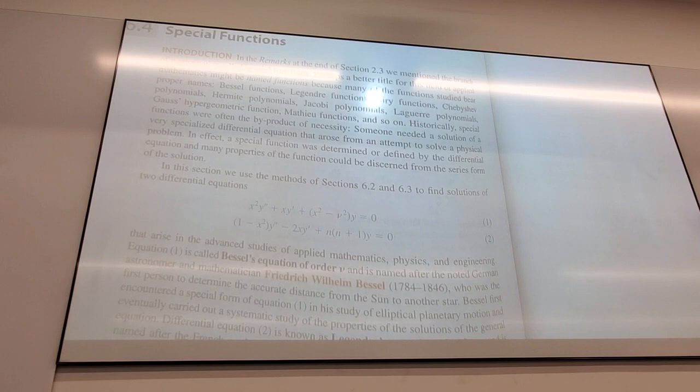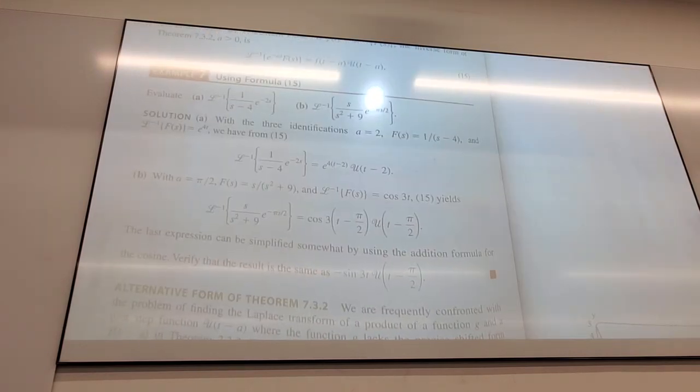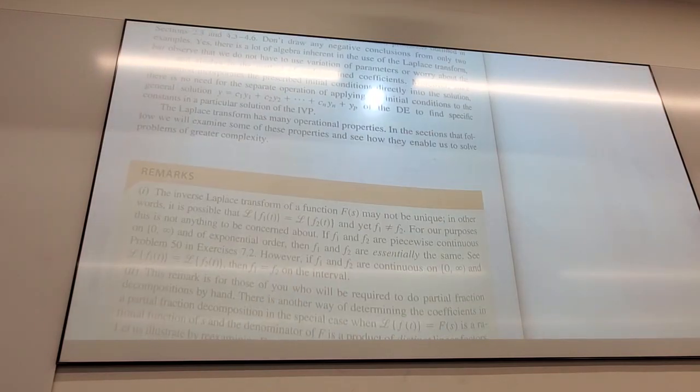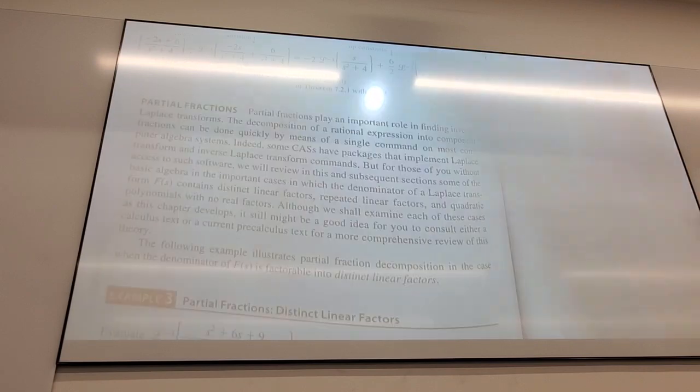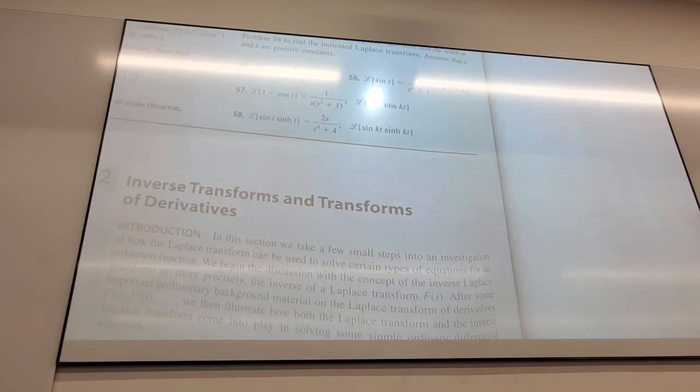There might have been some homework that told you to start from the definition of the Laplacian, but I'm almost certain the book does an example, because this was the first translation theorem. Where did they do it? Oh yeah, it was in 7.3.